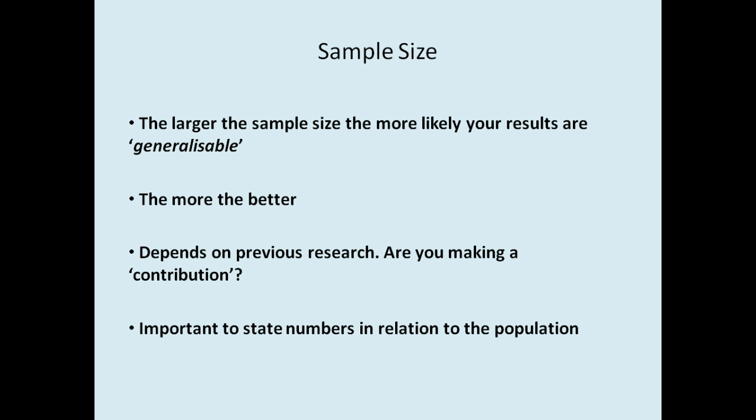Now, the size of the sample does also depend on previous research. Remember, you've been looking at previous research as part of your literature review. You've been looking at other people doing questionnaires, interviews, whatever they may be doing. They'll give some figures of how many interviews or questionnaires there were. If they've done a questionnaire of 500, then ideally, and this is much more for advanced levels, level 6, you want to try to push that a bit further.